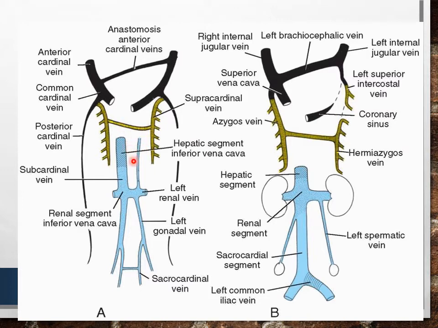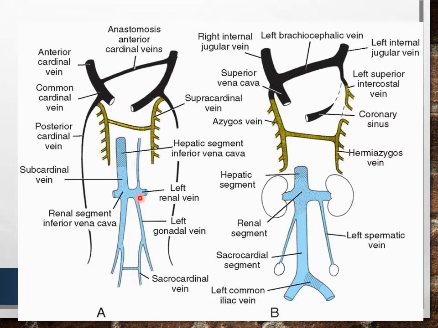Now moving down, the anastomosis between the subcardinal veins is responsible for forming the left renal vein. You have also seen that the left renal vein has a larger course. So this anastomosis between the subcardinal veins on the left side gives rise to the left renal vein.